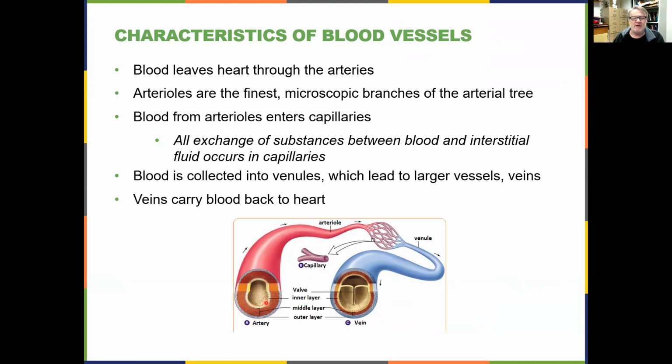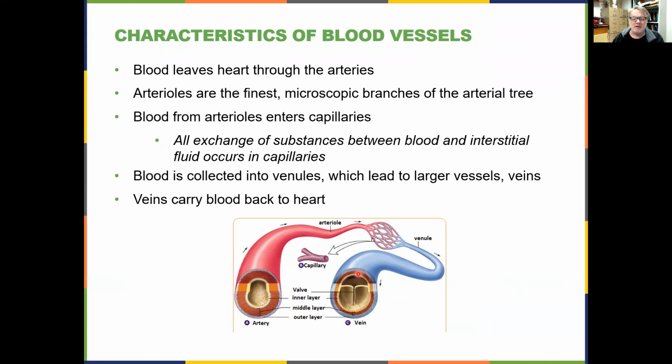For that reason, the artery has very thick walls compared to the vein, because the artery has to resist very high pressures. It also has a very thick layer of smooth muscle around it so that it can contract and change its diameter, but it has to be able to contract against a very large force of blood pressure.